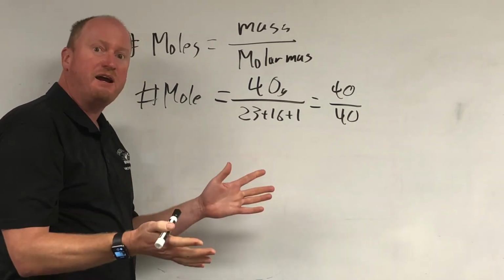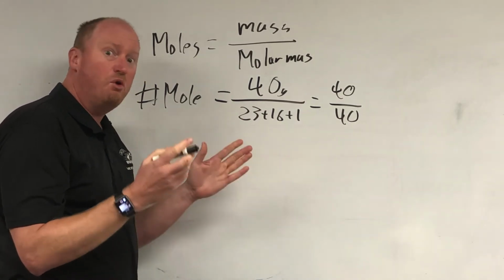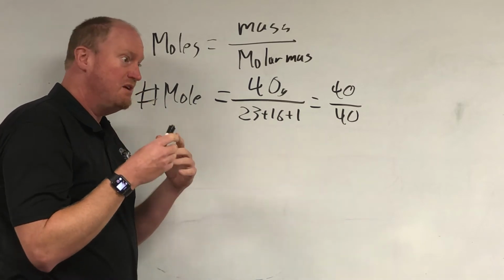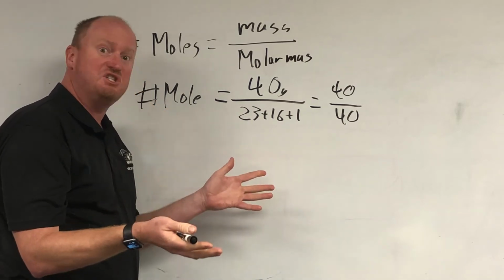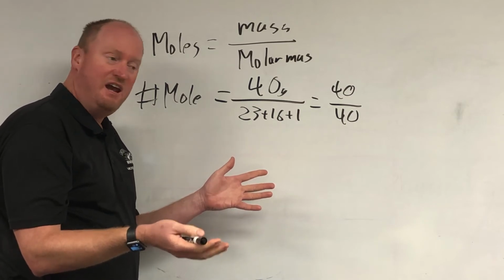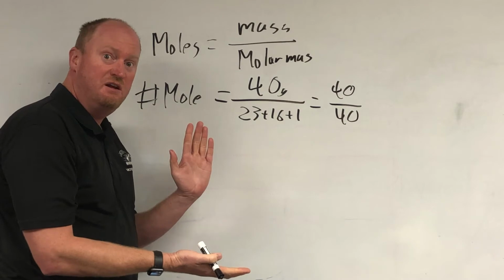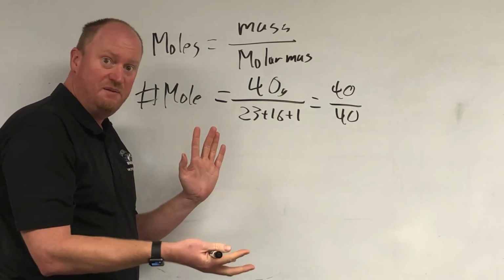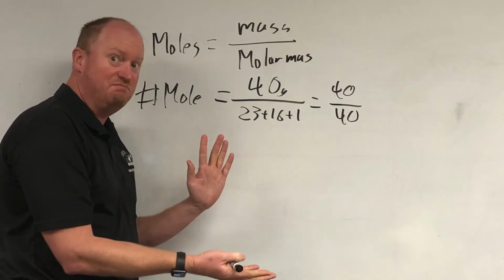If you got a 50-pound bag of peanuts, there are many more peanuts in a 50-pound bag of peanuts than there are coconuts in a 50-pound bag of coconuts. Make sense?